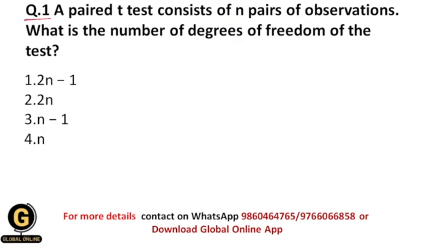A paired t-test consists of n pairs of observations. What is the number of degrees of freedom for the test? So here they have given us a paired t-test consisting of n pairs of observations, and we need to find the number of degrees of freedom. Students, degrees of freedom is a really important concept in statistical tests, because only through the degrees of freedom can we find the results of the test statistic.